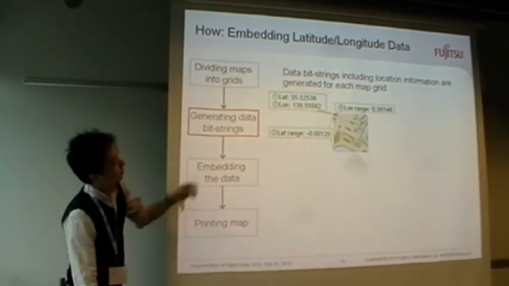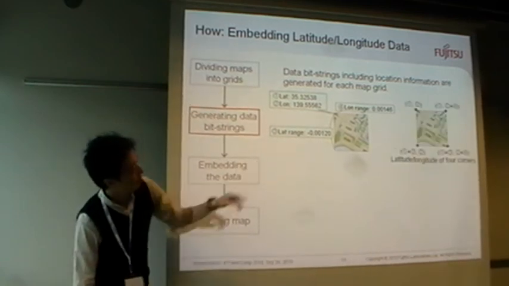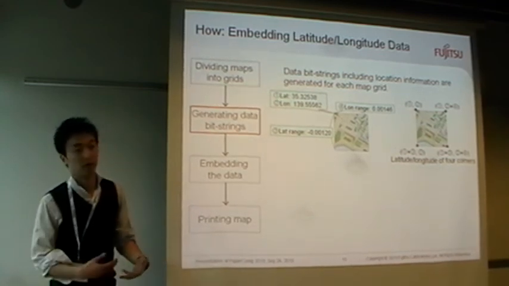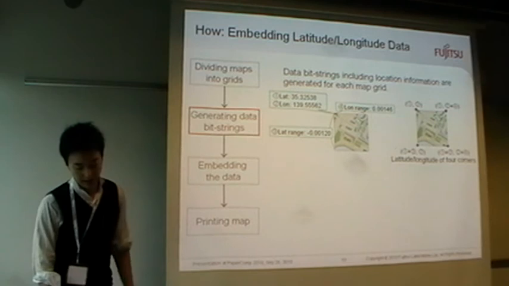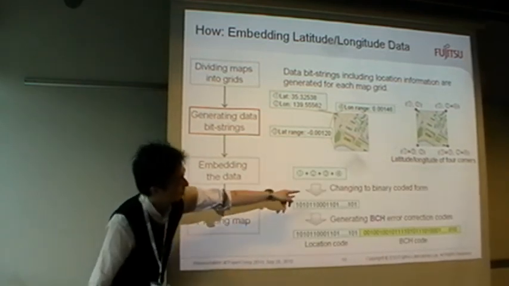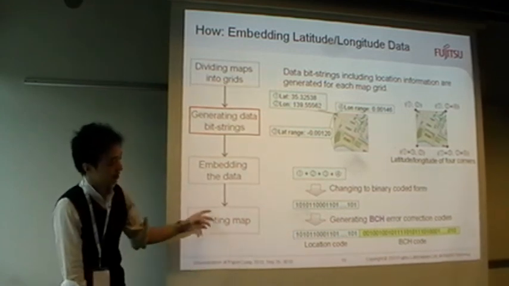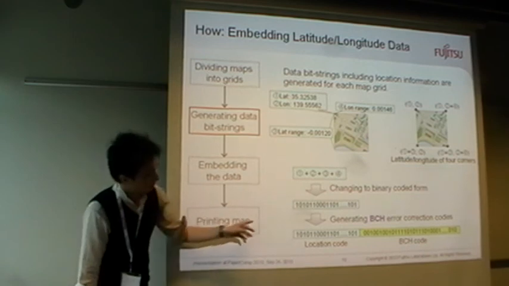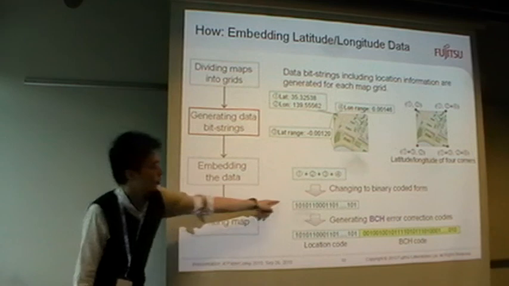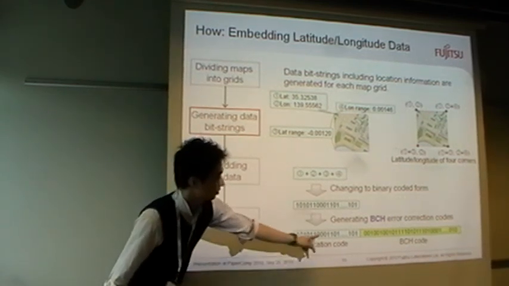From these four data, we can know the latitude and longitude coordinates of all four corners. And these data are changed into binary coded form, and the data embedding system generates a BCH error correction code from this code and attaches it to the location code.